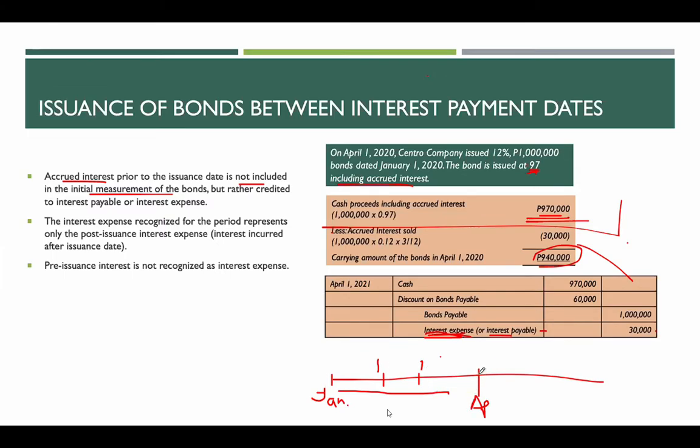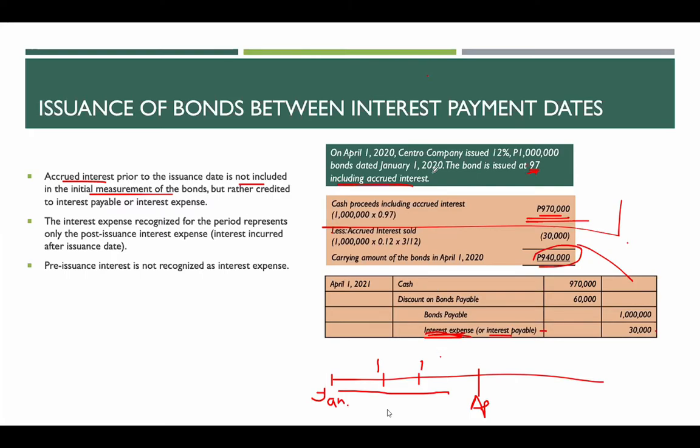Kasi kung in-issue mo siya ng interest date, then hindi ka magre-record ng accrued interest. Bakit? Kasi interest date, nagbayad ka doon ng interest. So, walang accrued. Okay? Pero dahil between interest payment date siya, meron pang outstanding interest na hindi nababayaran. So, yung outstanding interest na yun yung accrued interest.